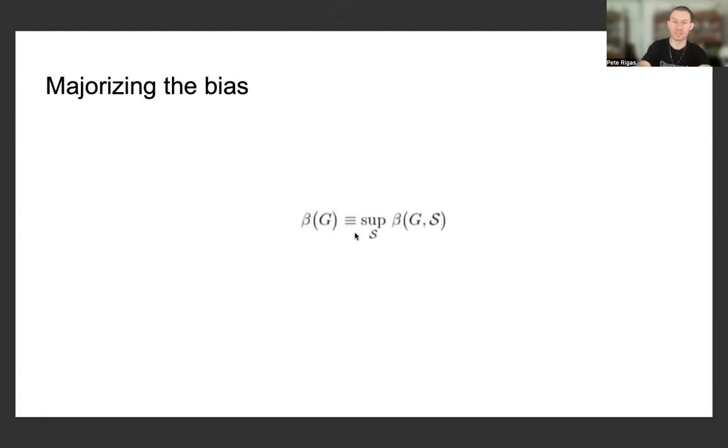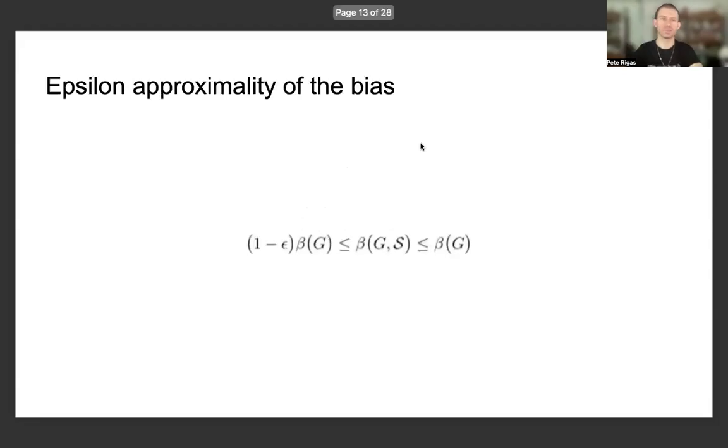And we can majorize the bias because beta sub g of script S can be made independent of script S, namely the set of all possible strategies, by just taking the supremum over script S, in which we're just getting beta sub g. So namely, we're looking at what is the bias for some type of two-player game, or even, like I've also defined for the multiplayer game, independently of the strategy. So namely, given some instance of a strategy within the set of all possible strategies script S.